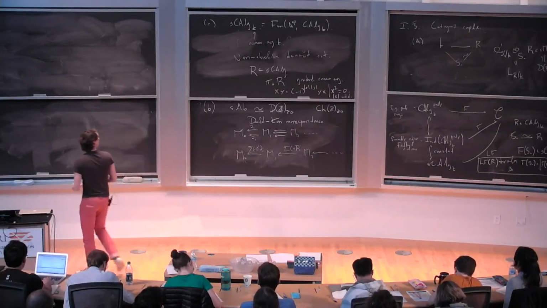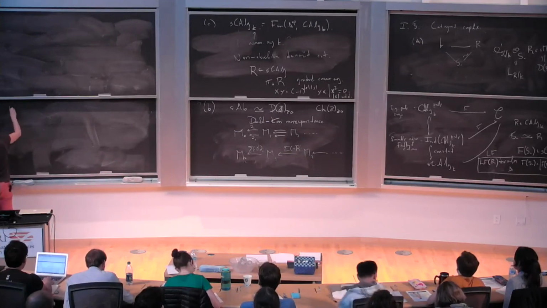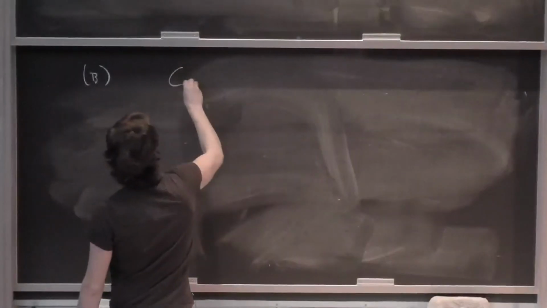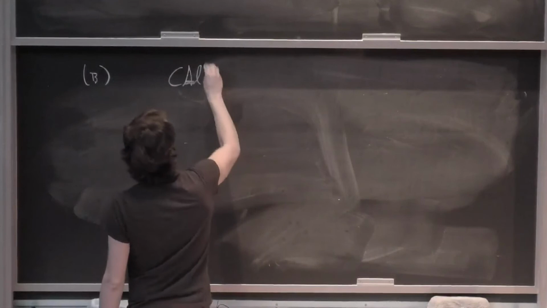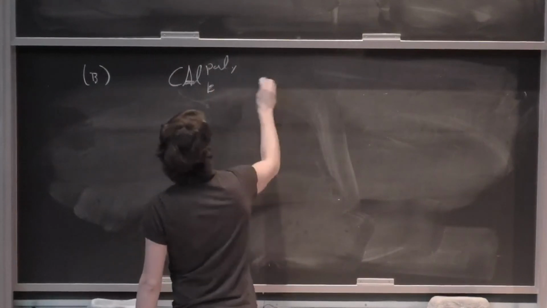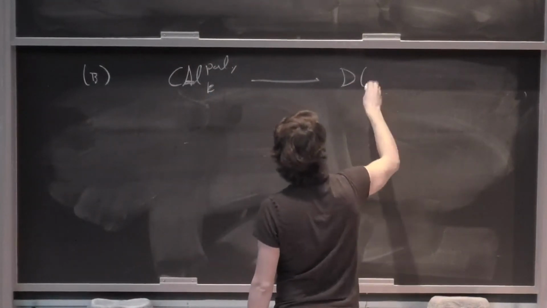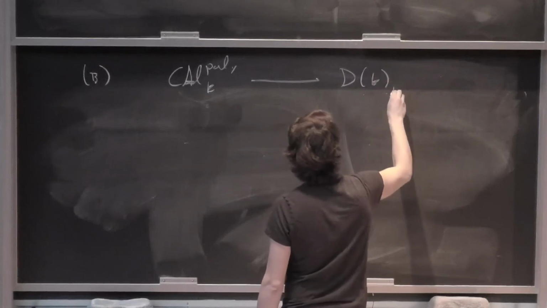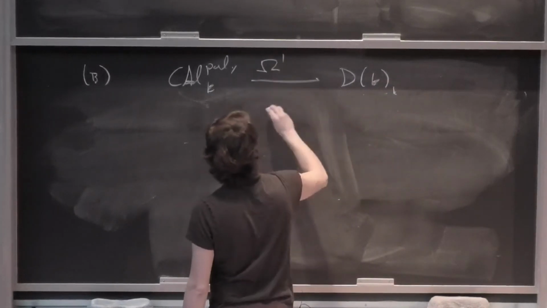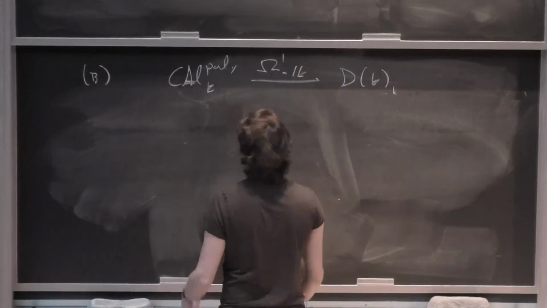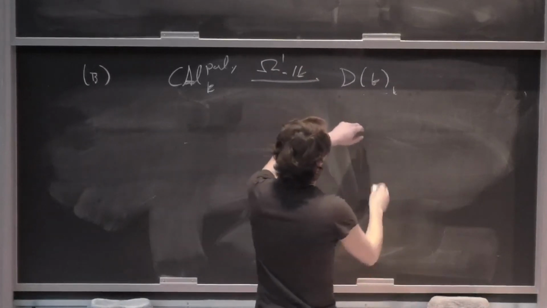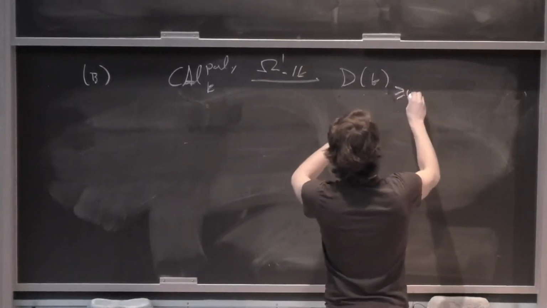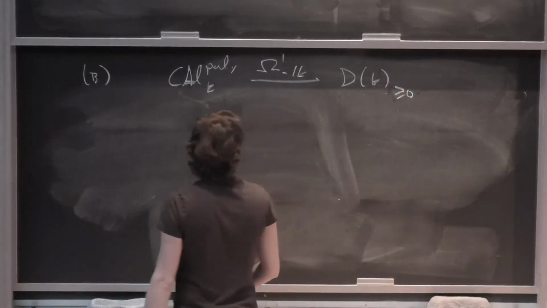So let's see. So B, I can do the following. I can take finitely generated polynomial rings, and I can just map them to the derived category of K. This is just take omega 1 of your polynomial ring over K. So what did I write here? More than or equal to 0, so the connective objects.